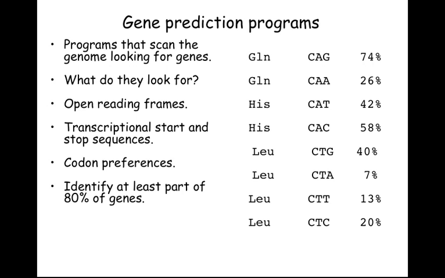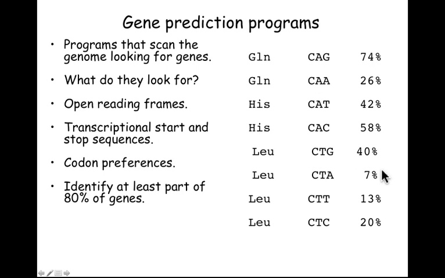And this can be something that you can use to evaluate whether something's really likely to be a real open reading frame. So if an open reading frame is using mostly the codons that are preferred by that organism, say the CAG for glutamine and the CTG for leucine, then that's a good sign that it's a real open reading frame.